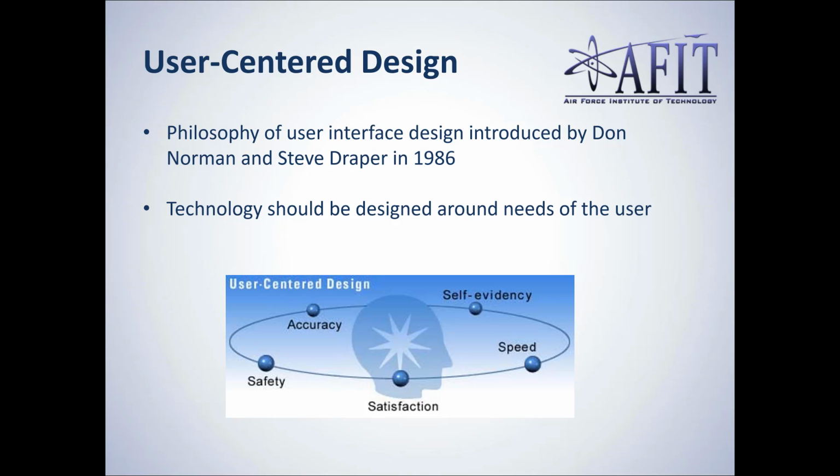So in this process, what we want to do is determine what the user's needs are, and then design the system to achieve that. It may be that to actually achieve speed or safety, we may have to sacrifice self-evidency, which may mean that we need to institute training or other methods of overcoming those deficiencies which we've added in the area of self-evidency within our design.